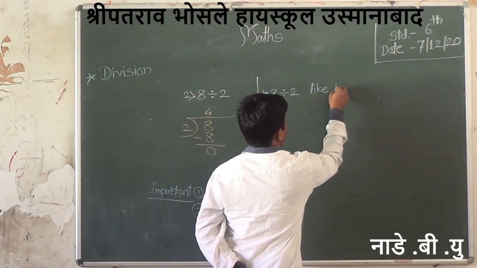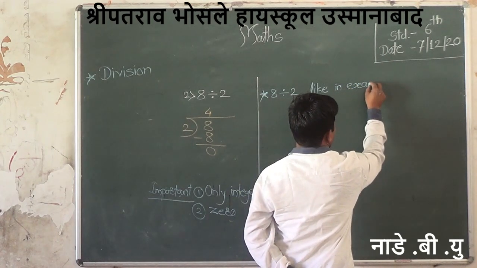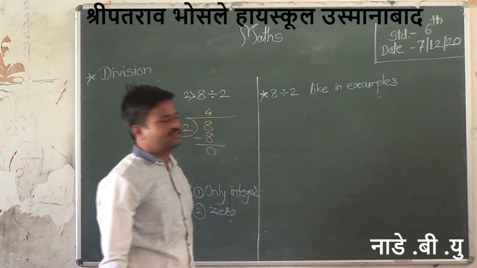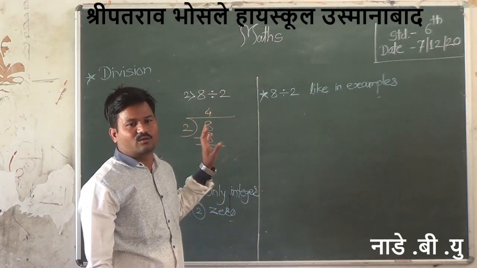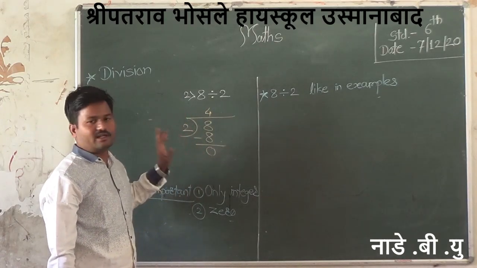Like in examples, here the question has only an integer quotient and the remainder is 0.